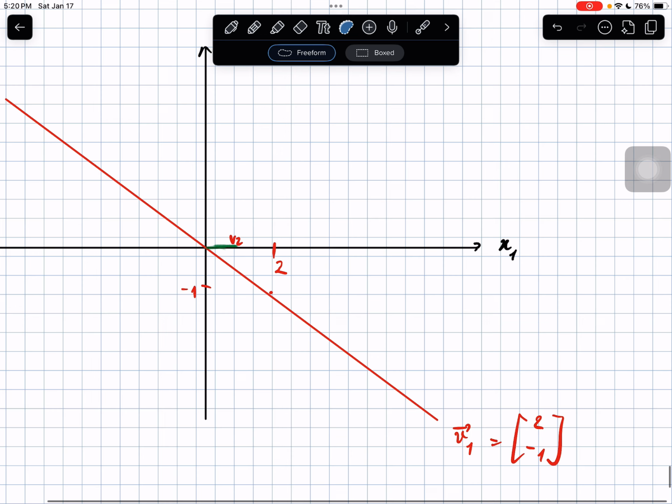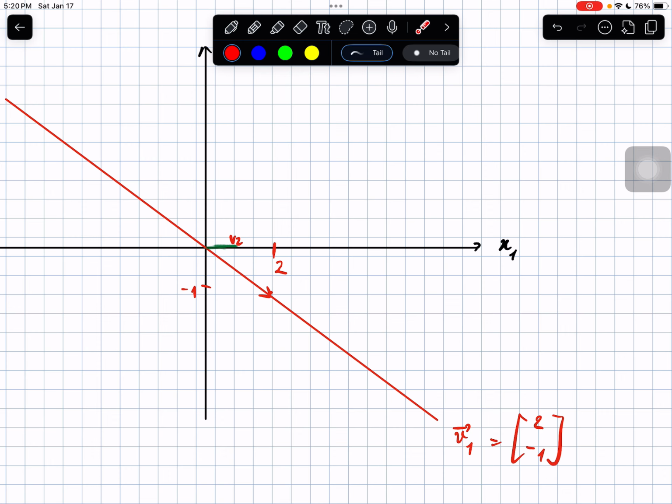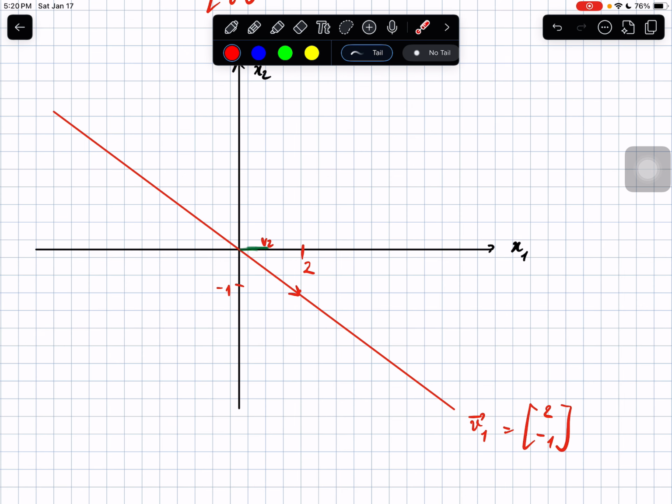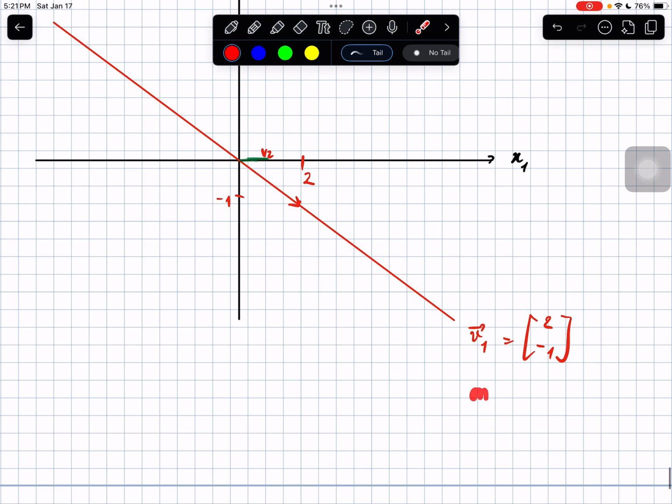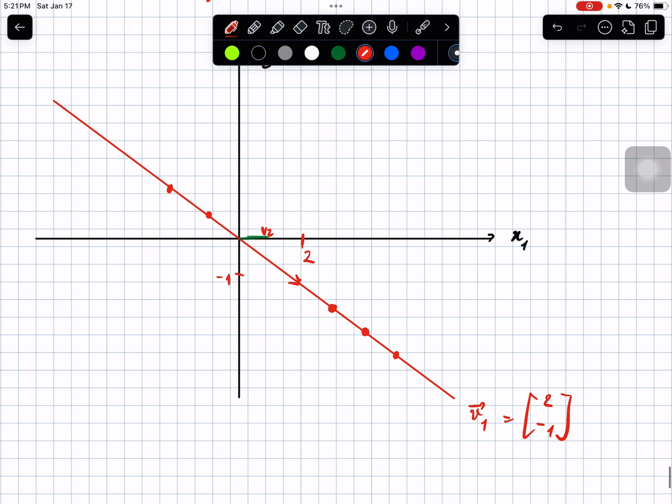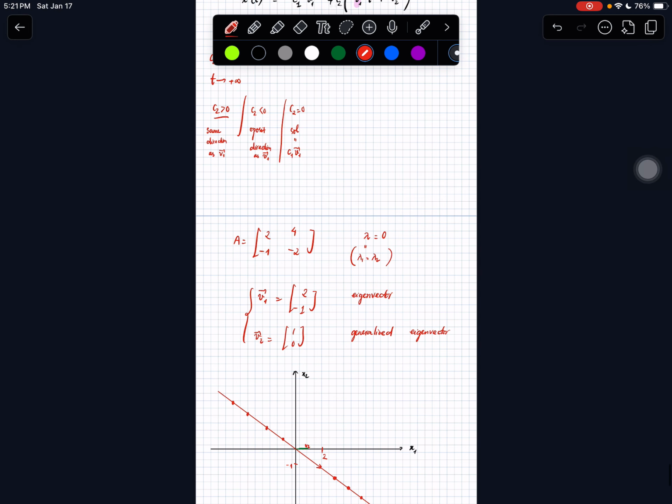To check the direction, one side is the same direction as V1, the other side is the opposite direction of V1. On V1, each point is just a point, corresponding to one solution curve in the case where c2 is 0.